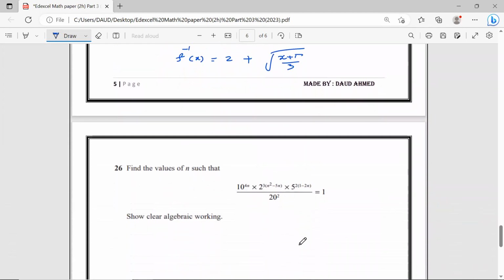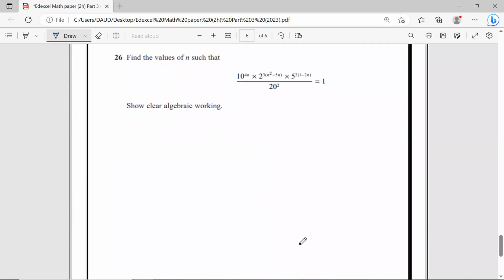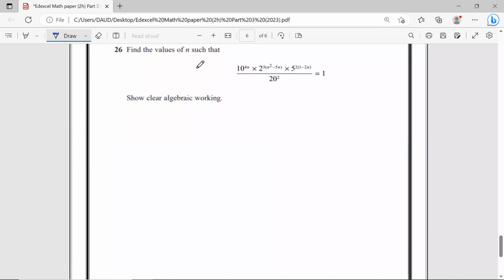Next, the last question of this paper is find the value of n such that, and we will use the indices concept to find out, and then algebraic, of course. So we have 10 power 4n multiply 2 power 3 bracket open n squared minus 5n, multiply 5 power bracket open 1 minus 2n, over 20 squared, is equal to 1.